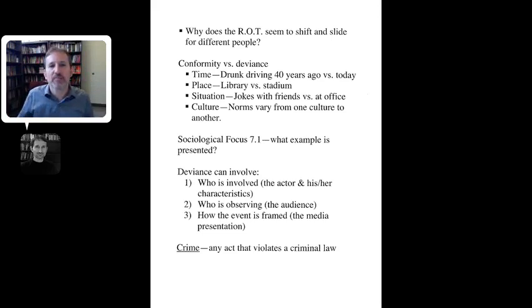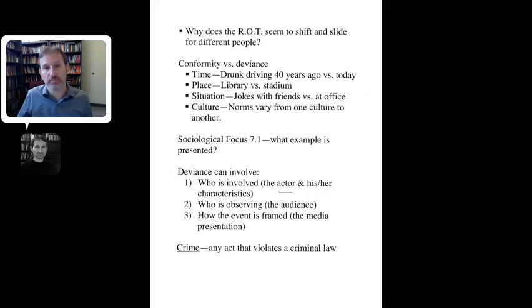But I think this is a very interesting way of considering the next part of this overhead, what deviance involves. First of all, who is it who's involved? In this case, the actor, and I don't mean actor like in movie actor, but the person, okay? And his or her characteristics, right?